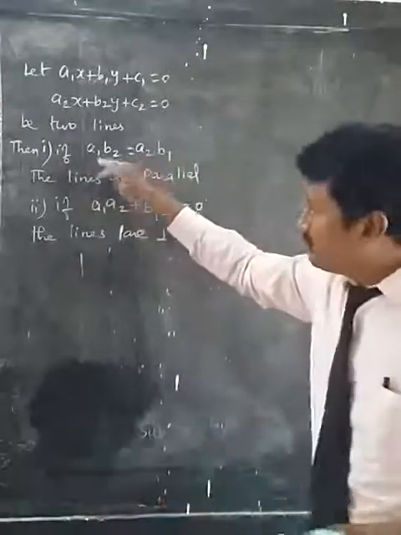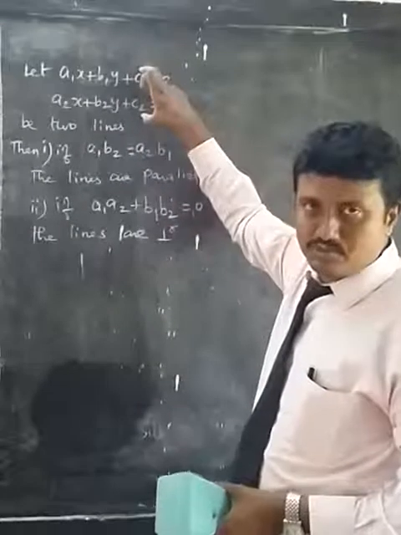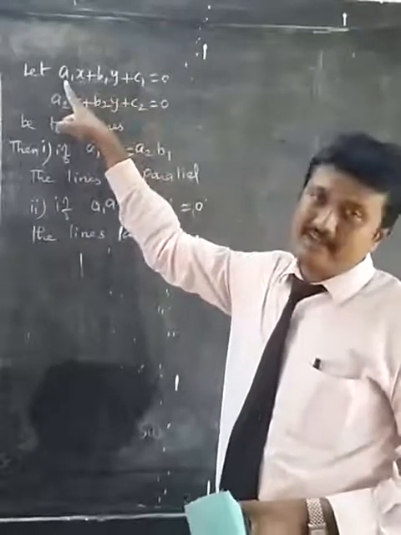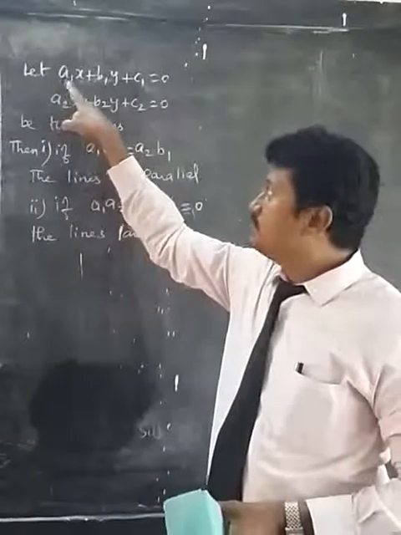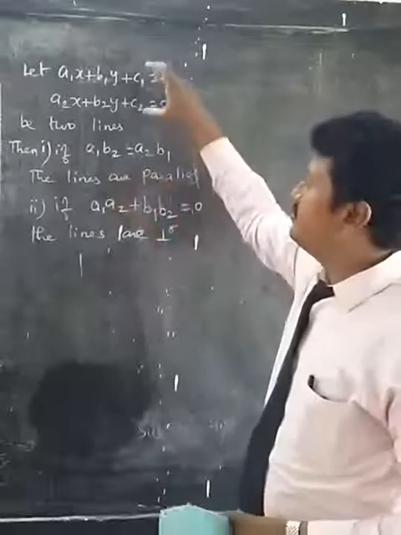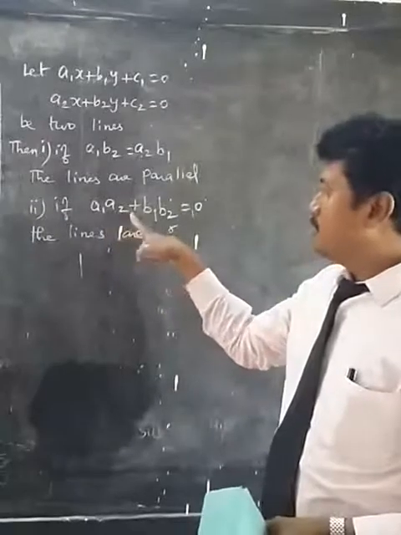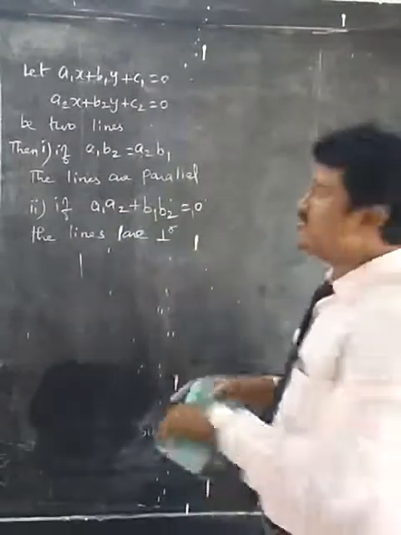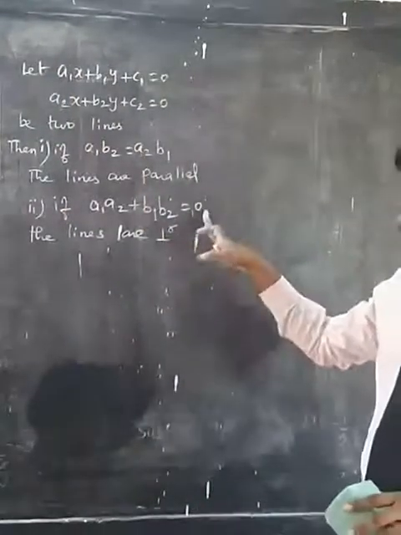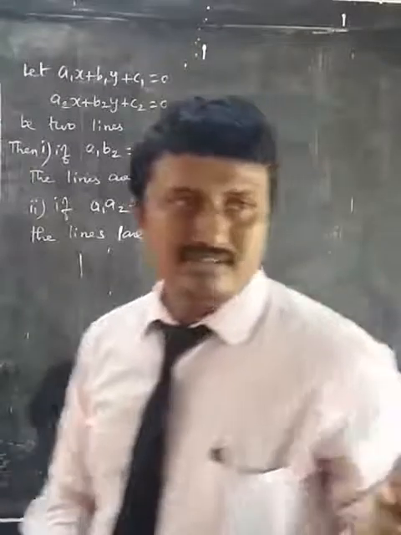But if we don't know the slope of the straight line, but we know the equations of the two straight lines, then if a1 b2 and a2 b1, just see what coefficients I am showing, a1 b2 and a2 b1, if they are equal, then I can say that these two lines are parallel. Similarly, if a1 a2 plus b1 b2 equals 0, which means multiplication of these two plus multiplication of these two, and if the answer becomes 0, then I can say the lines are perpendicular.